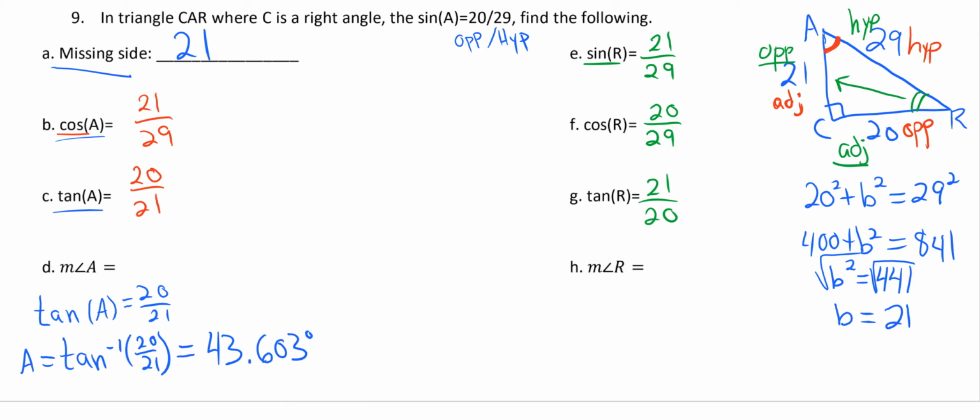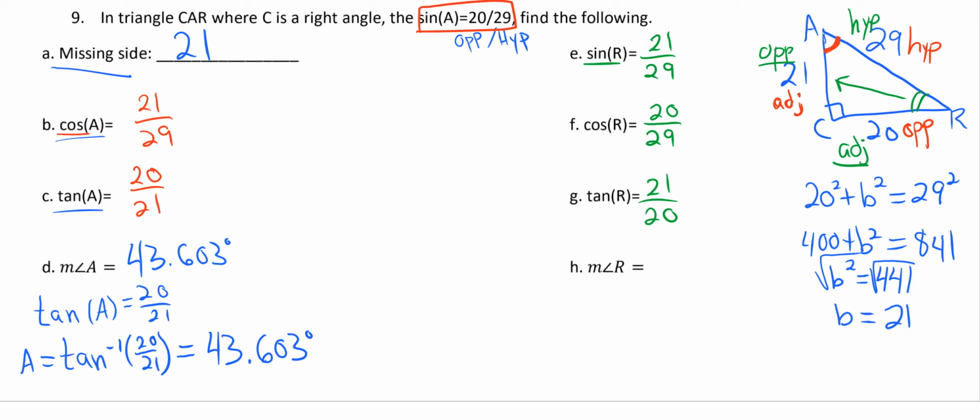So that is the measure of angle A, 43.603 degrees. And we're going to do the same thing for R. Now, let's jump back for A real quick. If you would have used the cosine of A is 21 over 29, or even the original sine of A is 20 over 29, you would have got the same answer. You would have got that same 43.603.